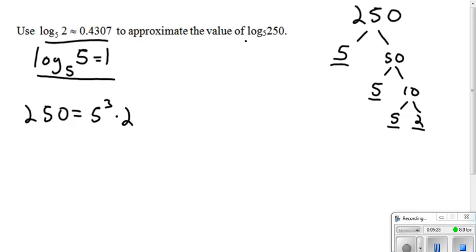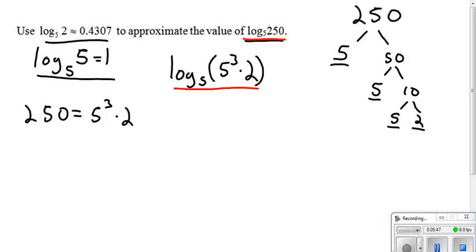So if we need to find log base 5 of 250, that's the same as saying log base 5 of 250 is 5 to the third power times 2. Now we're chugging right along with our simplification process. We've changed log base 5 of 250 into log base 5 of 5 to the third power times 2.